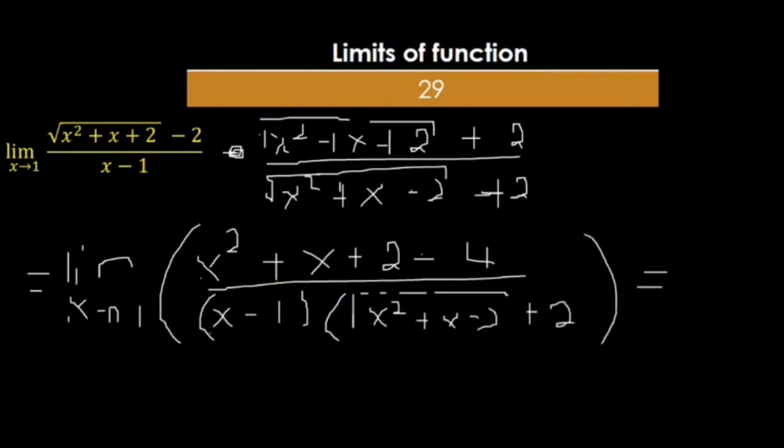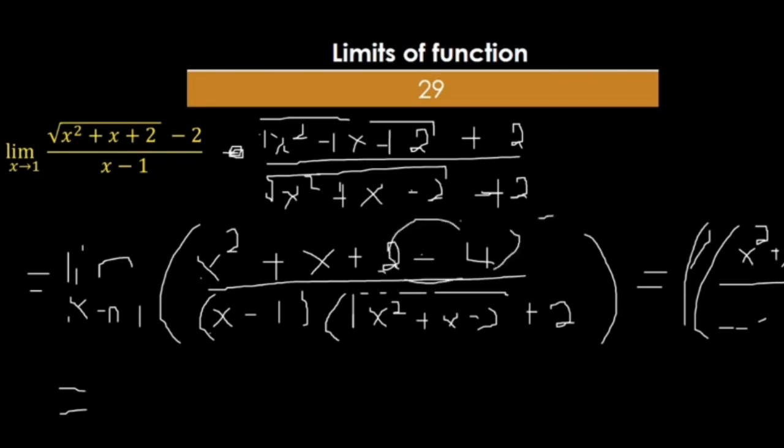That is equal to the limit of x squared plus x minus 2 all over that. If you substitute 1 here, I'm going to have 1 plus 1 minus 2, which is 0, and this will be undefined, because here is 2 minus 2 and it's undefined.